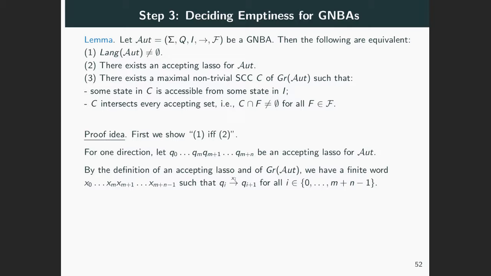Applying the definitions, we find the word x0, x1 up to xm, then xm plus 1 up to xm plus n minus 1, consisting of letters that label in the automaton the transitions between consecutive states qi in the lasso. So each qi transits through xi to qi plus 1.